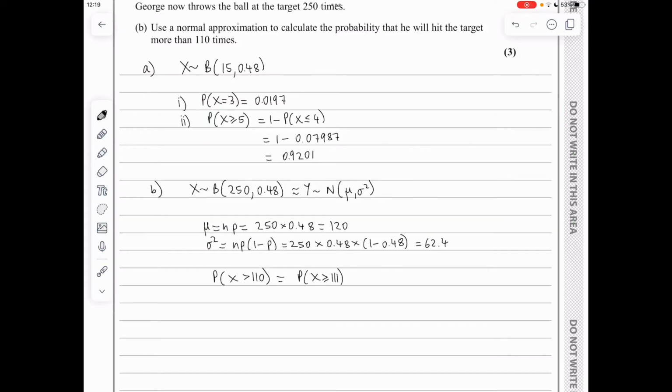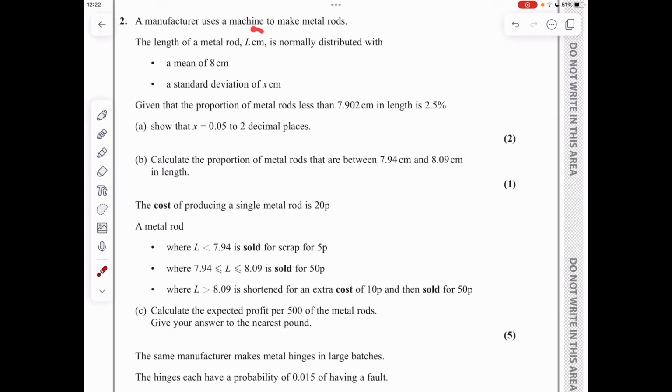So the continuity correction will give me 110.5, which is the midpoint of 110 and 111. So this will be approximated by the probability of y greater than 110.5, which gives an answer of 0.8854.